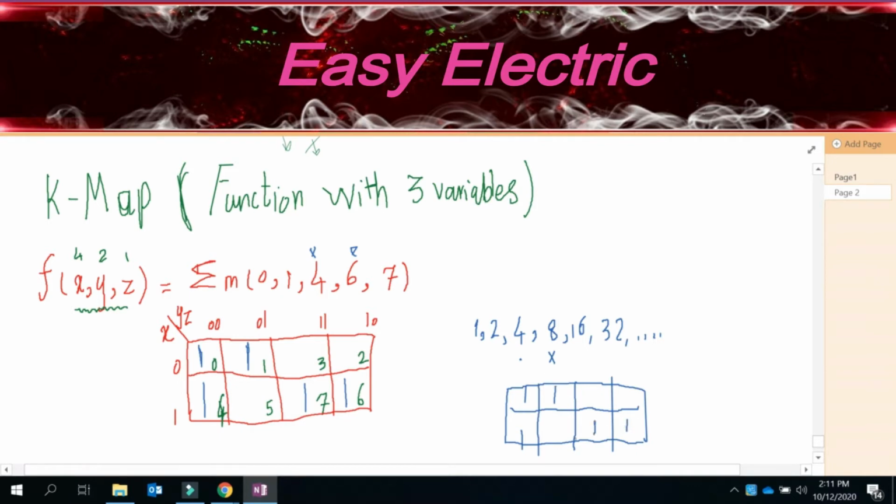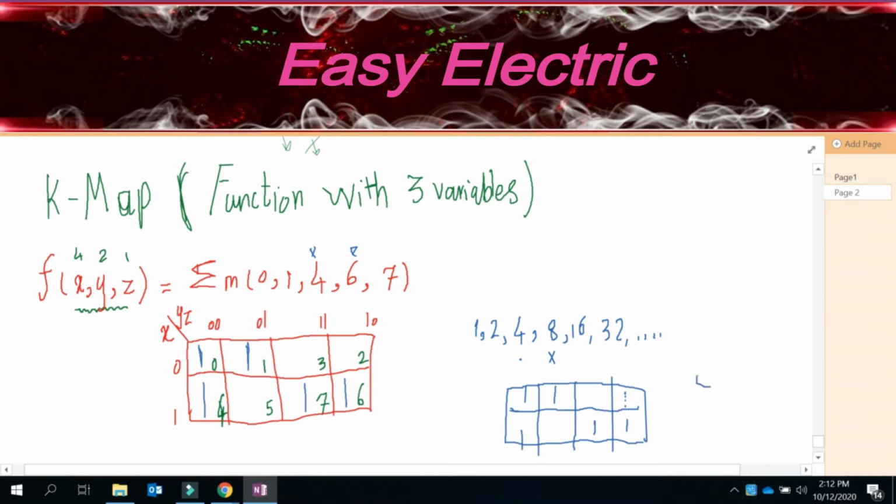Okay. So whenever you are grouping these ones, all the members in the group should be neighbors to each other, or adjacent to each other. Okay. So that means if I have 1 here, for example, whatever you have on this side of the map is adjacent or neighbor with the other side.